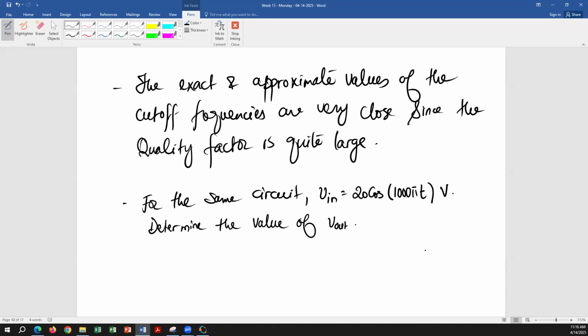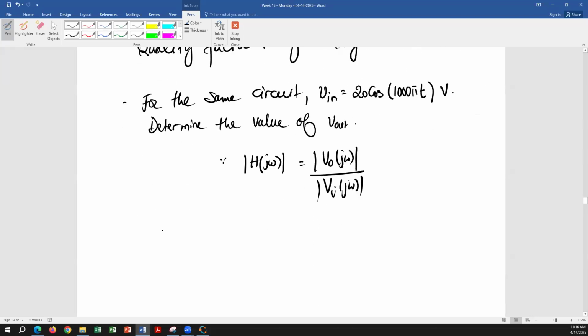Generally, when we are calculating for filters or circuits operating in the frequency domain, we use the transfer function. Since H of j omega is V out j omega over V input j omega, then V out j omega is H of j omega times V input j omega.